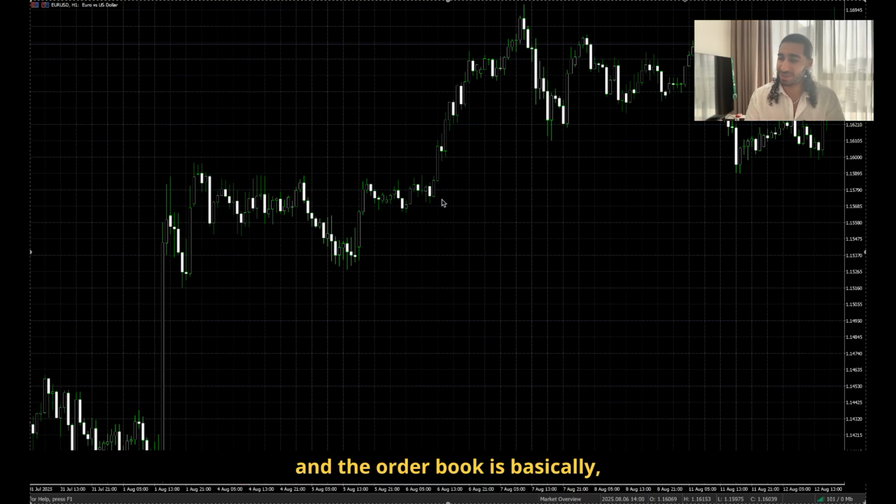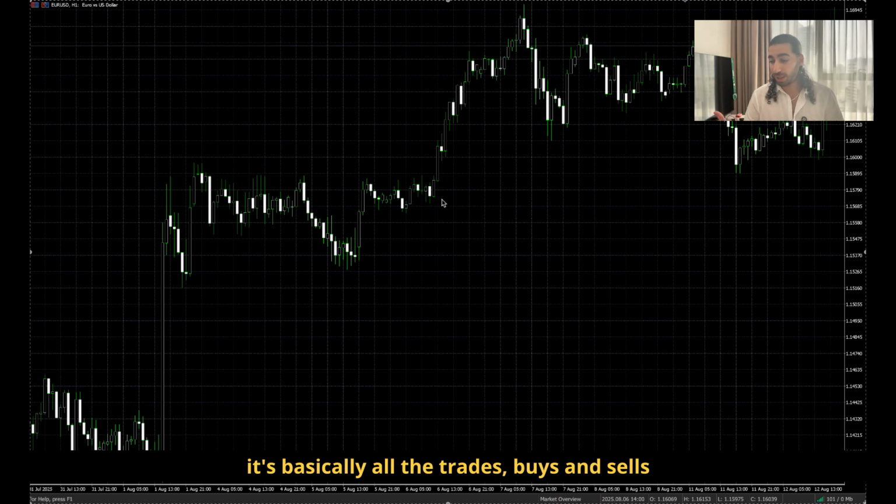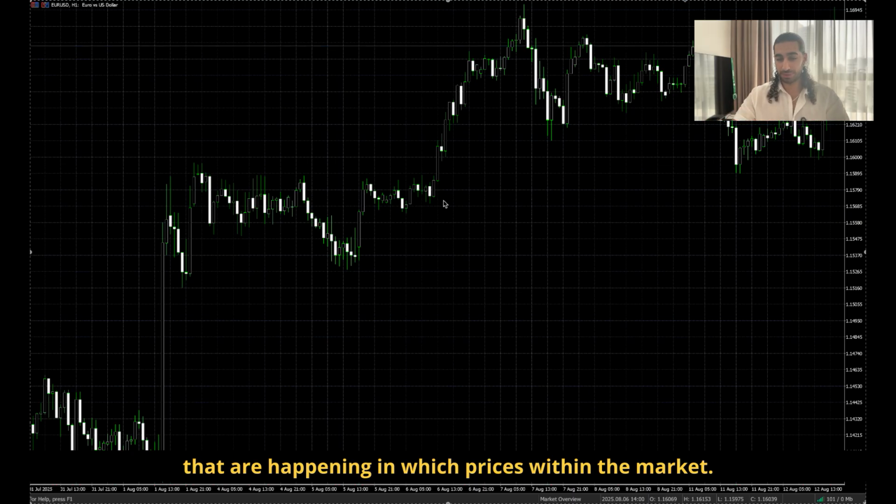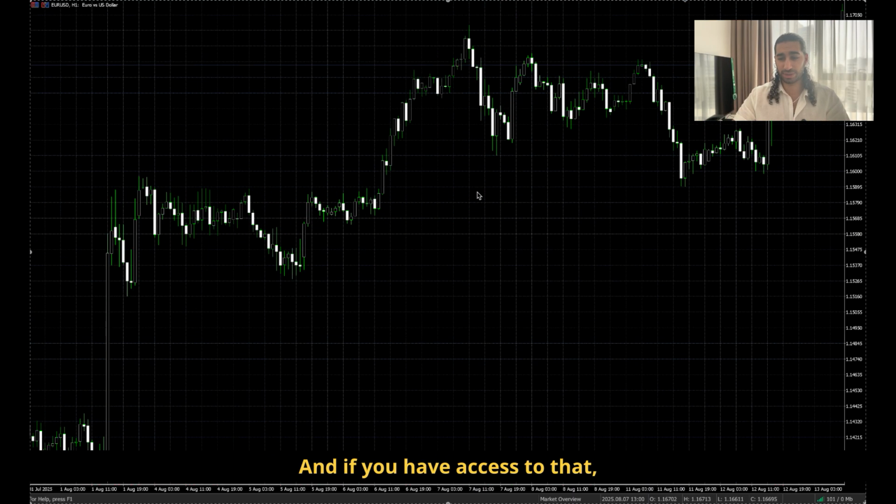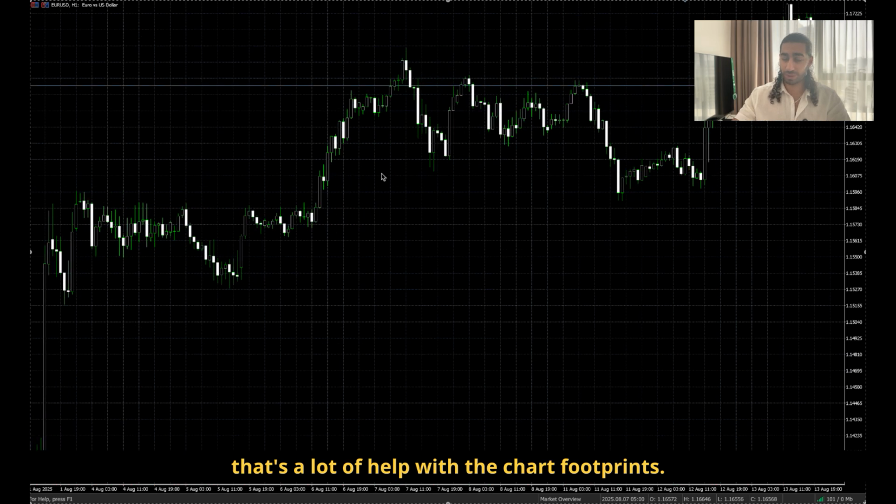The order book is basically, we're going to talk about it, all the trades, buys and sells that are happening in which prices within the market. And if you have access to that, that's a lot of help with the chart footprints.